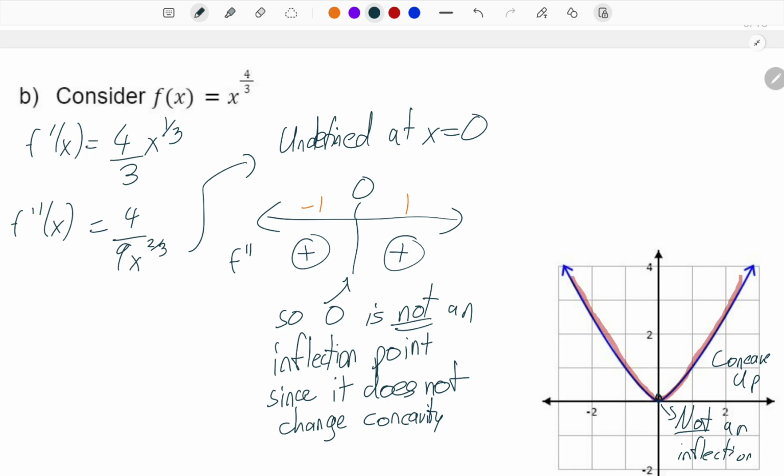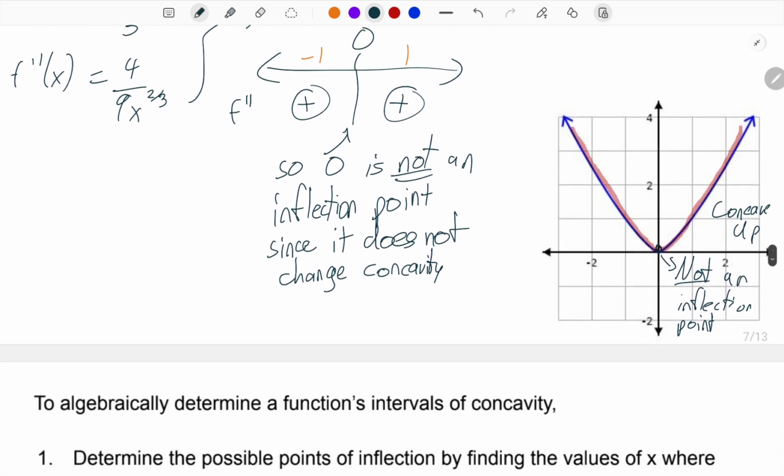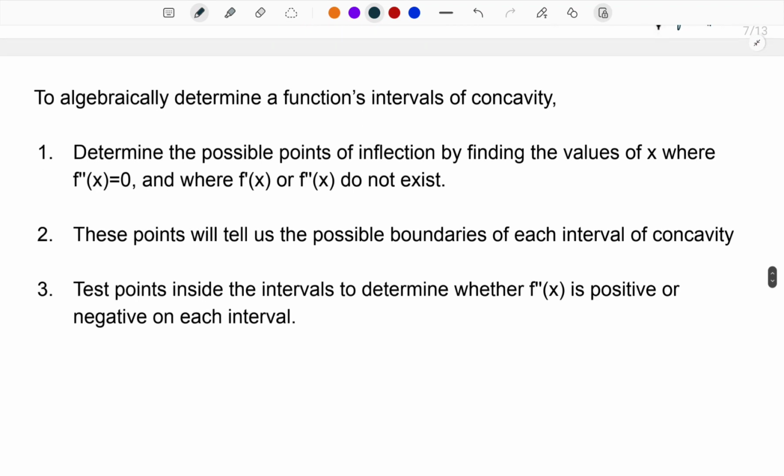Okay, so there we have it. We have seen that we got to be careful with that concavity and checking the test for it. All right, so just summarizing things, if we want to determine algebraically a function's intervals of concavity, really it's all about finding those points of inflection or potential points of inflection.